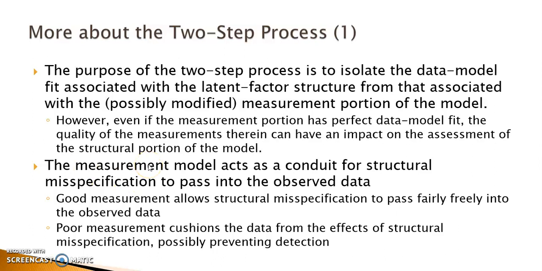However, if the data collection were done using methods or instruments that are inappropriate for the underlying construct, the poor measurement can create a lot of noise. As a result, the data are insensitive to variations in latent factors and prevent you from detecting the effect of structural misspecification.